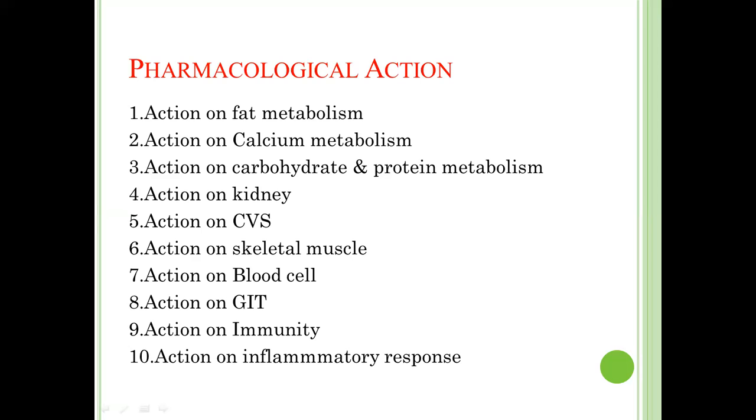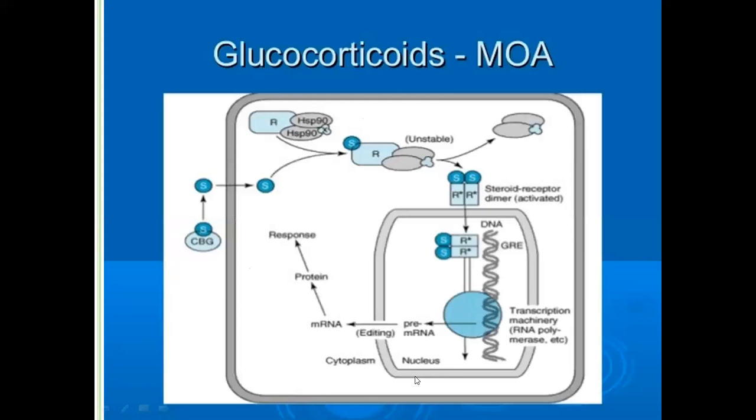The next point is mechanism of action, how they act, how they enter into the body. So these glucocorticoid agents, these drugs, these hormonal preparations or medicines, they penetrate the cell. Firstly, they penetrate the cell.